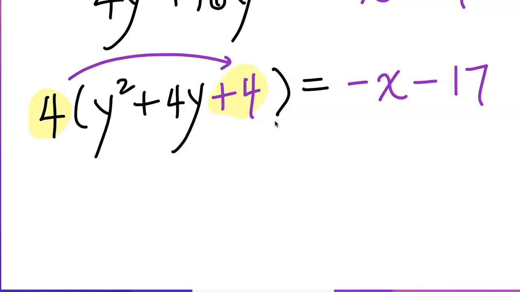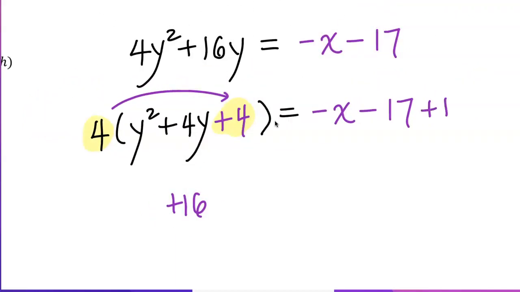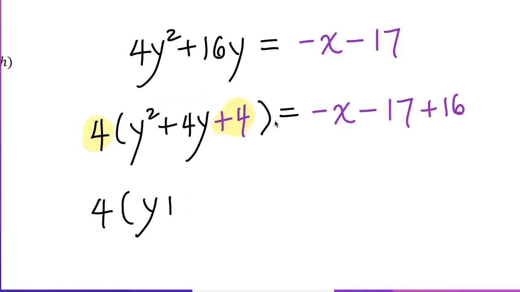Okay, I'm not just adding 4, but I'm actually adding 16 to the left side. So that's why I'm going to put plus 16 on the right-hand side of this equal sign. Okay, now we're ready to simplify this a little bit. So I have 4 times y plus 2 squared equals negative x. Combine these two to get negative 1.